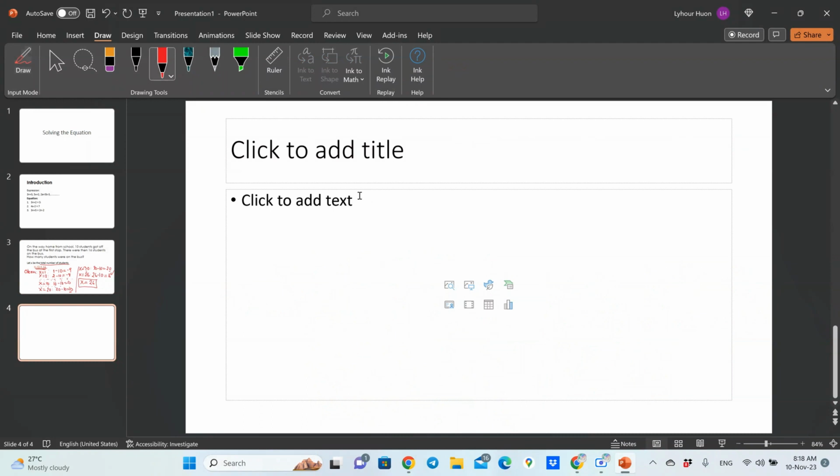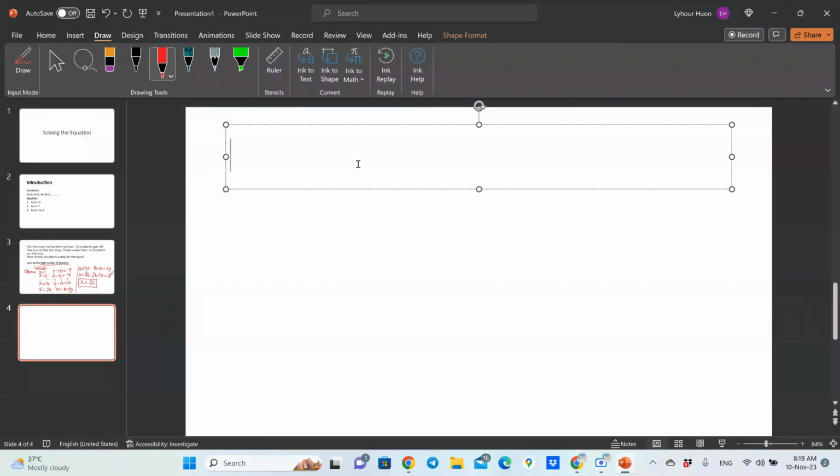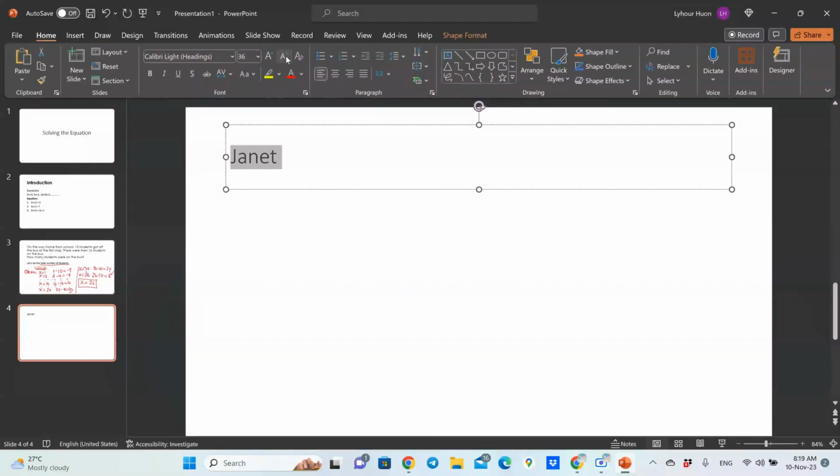So now let's explore number two. Janet walks a total of 17 kilometers in February.